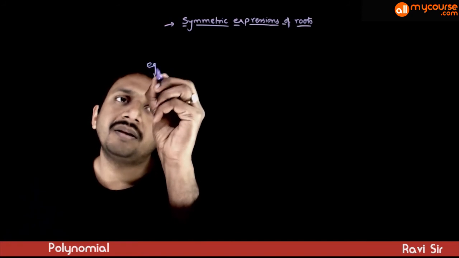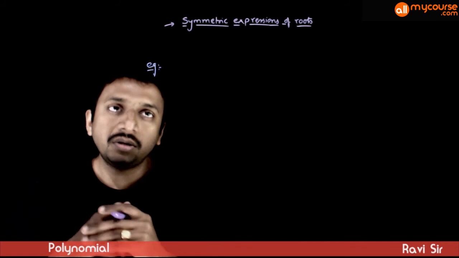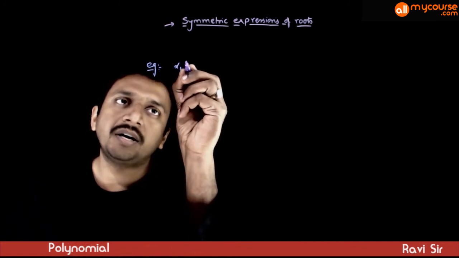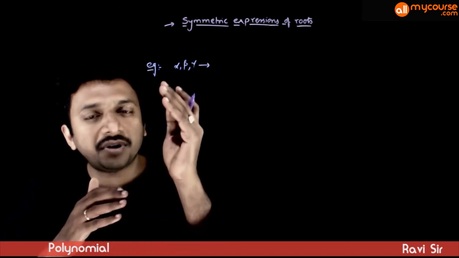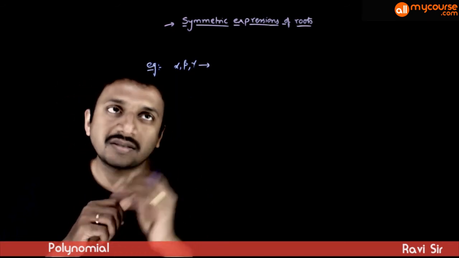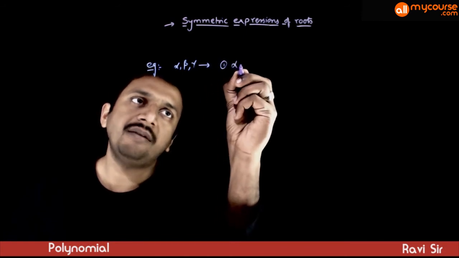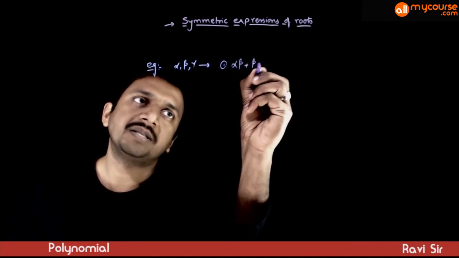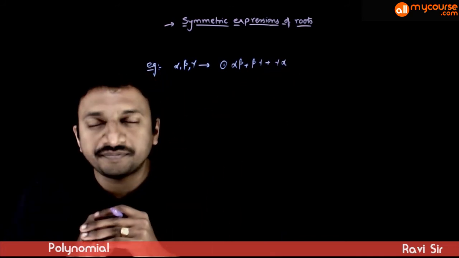For example, if you take a cubic equation whose roots are alpha, beta and gamma, so we can form different expressions using these three roots, like alpha beta plus beta gamma plus gamma alpha.